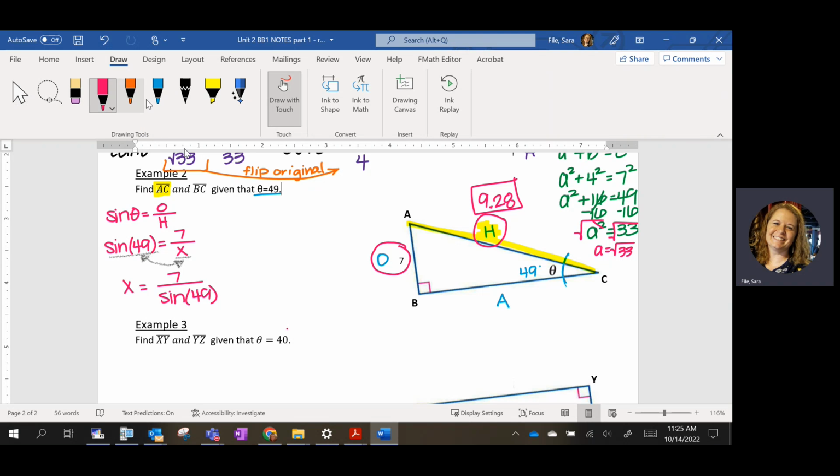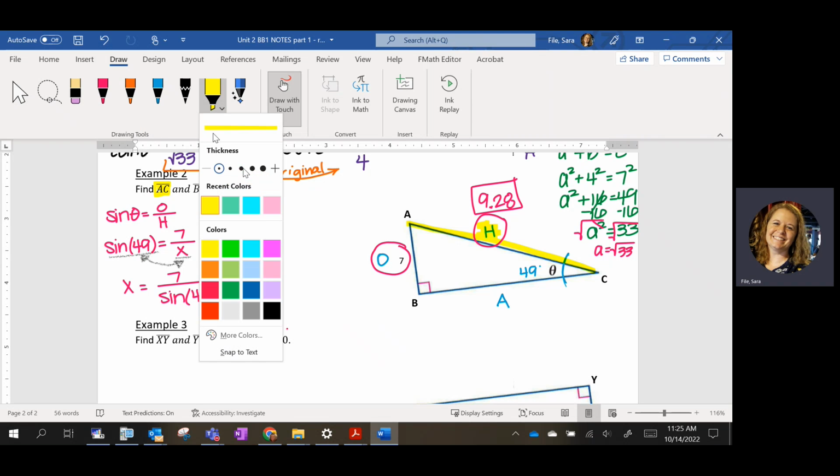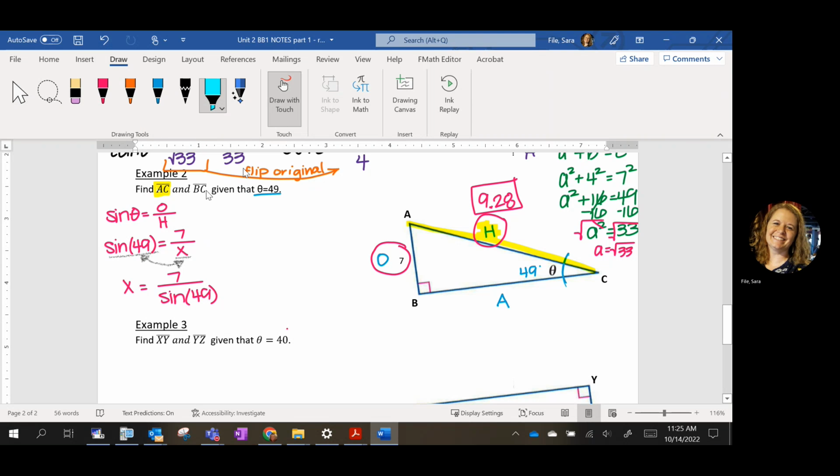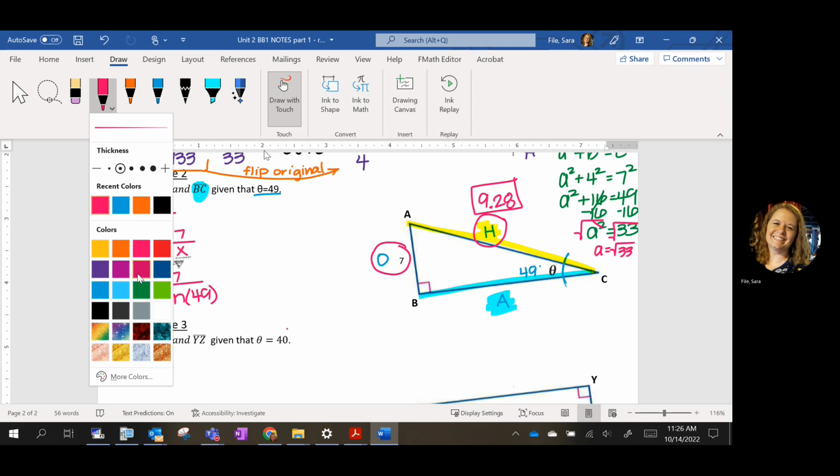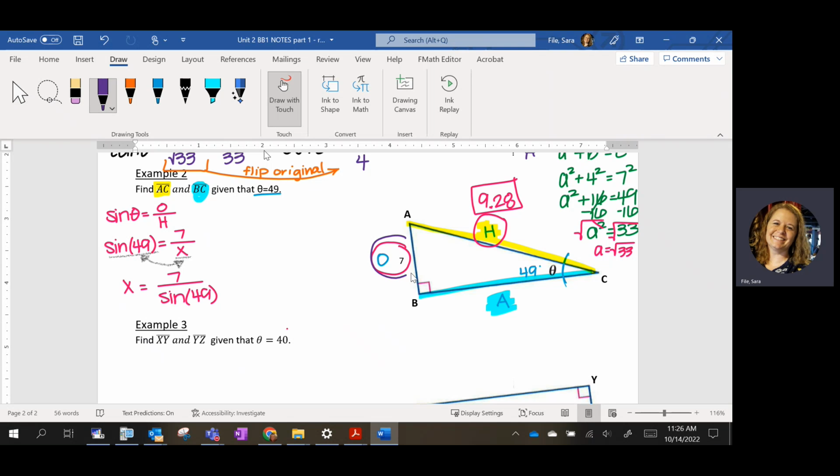Okay, then they also asked us to find BC. So side BC, that's the adjacent side here. That's A. So again, I'm going to say, okay, I know O, and I want to know A. So what trig function puts O and A together?